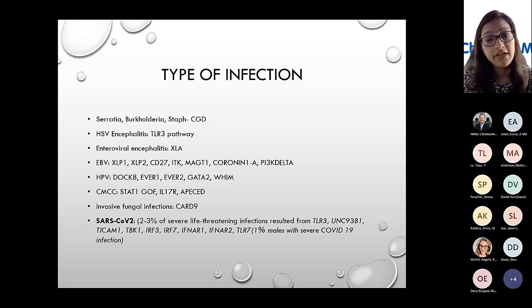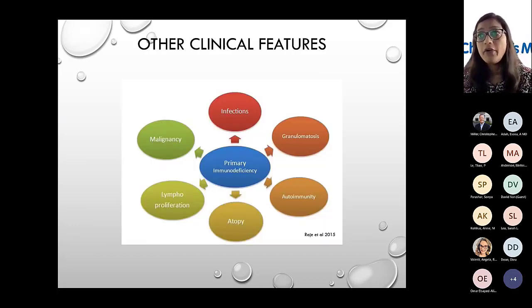All right, so that's definitely not a comprehensive list. It's just a list to make you start thinking of immunodeficiencies from the perspective of what kind of infection you are dealing with or hearing about. All right, but of course, apart from infections, there are several other manifestations that you have to keep in mind.